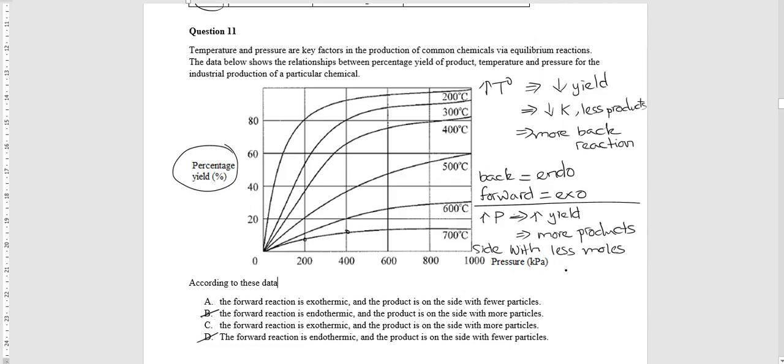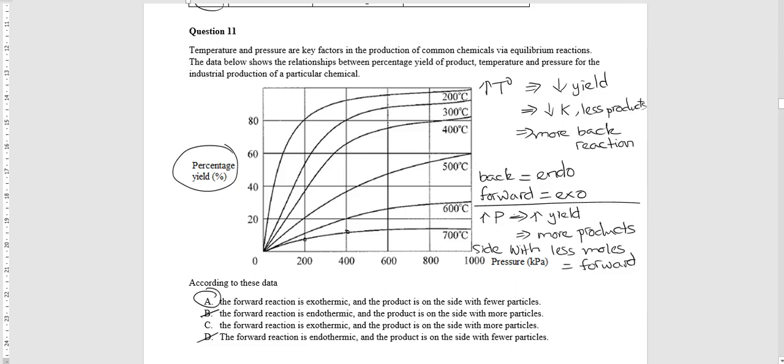And that means that the side with fewer moles is the forward, because the system goes forward as indicated by higher yield. All right, so the product must be on the side with fewer particles. Answer is A. So that's 11.